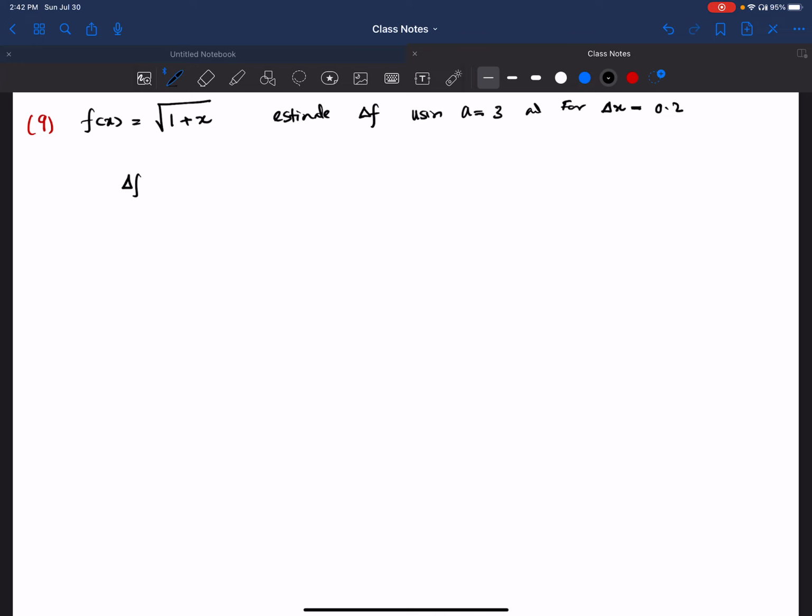So delta f, which is equal to f of a plus delta x minus f of a, equals delta x times f prime of a. So f of a plus delta x equals f of a plus f prime of a delta x.